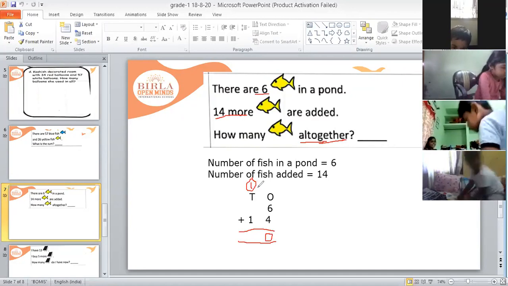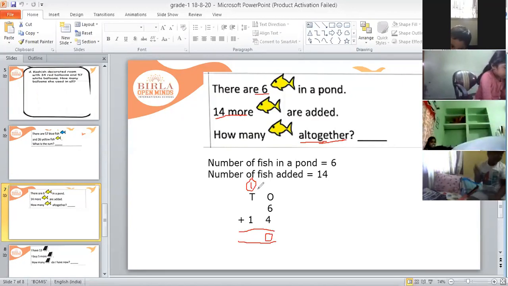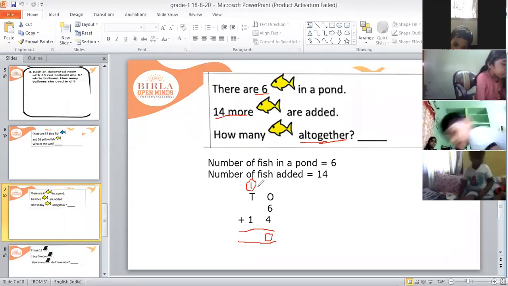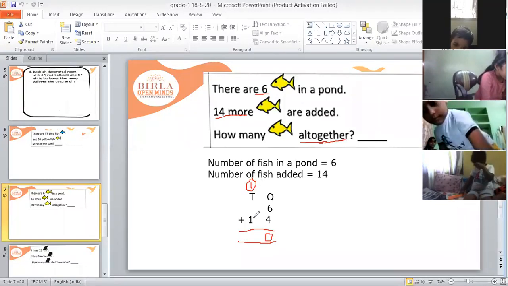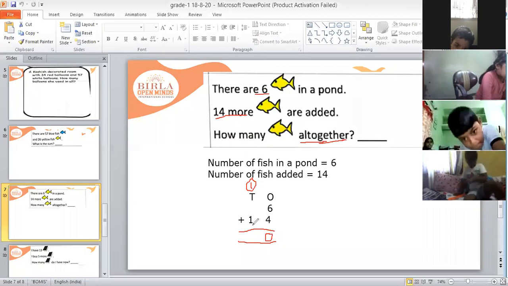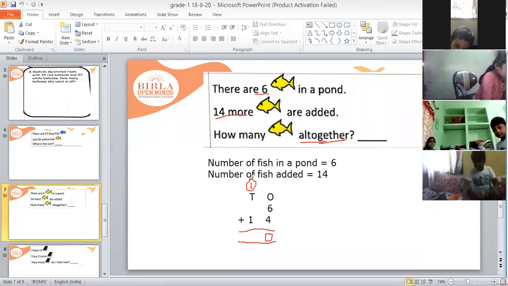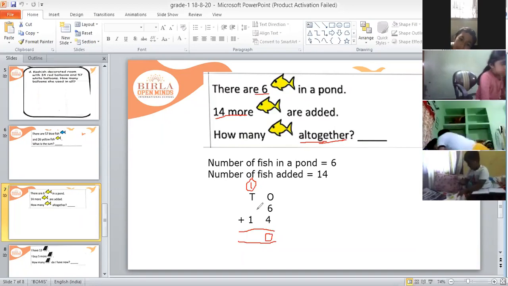So how many numbers? 11. No, Mana, see here. We have 1 here, right? 1 is there and we have written 1 more here as carry over in tens place. So total how many numbers are there? 2 numbers. Very good.